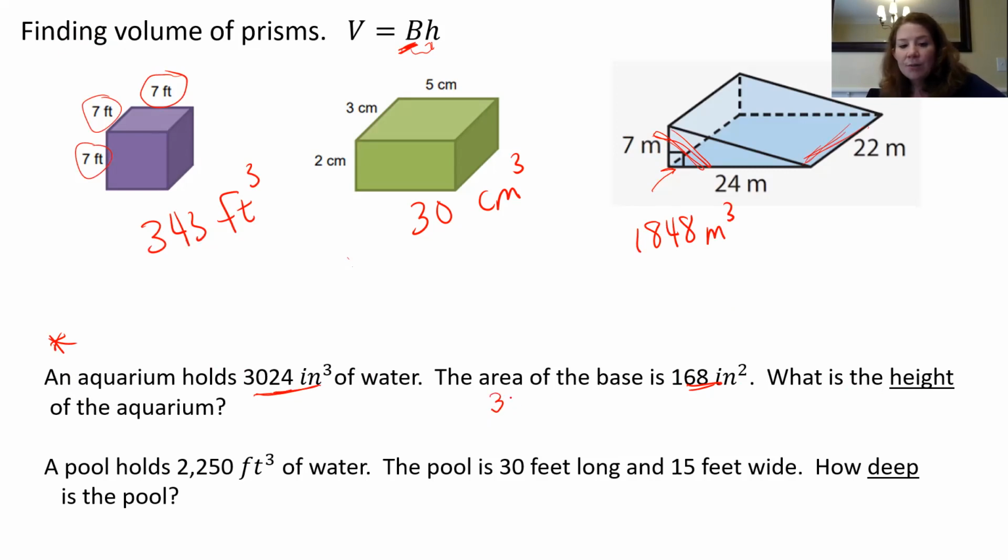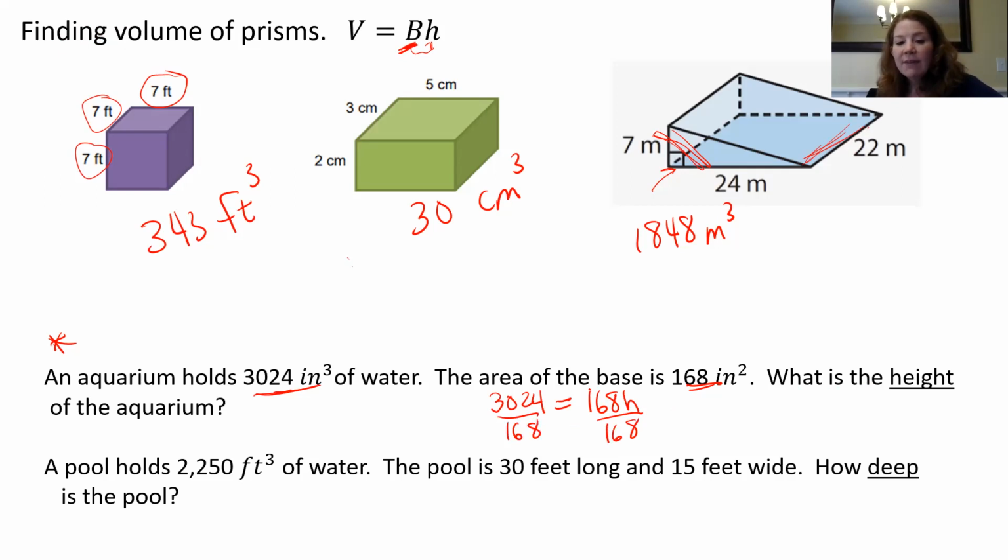So the volume would be 3,024 equals the area of the base, the capital B, which is 168, times the height. To find the height, we want to get H by itself. So right now, H is being multiplied by 168. So we're going to divide both sides of the equal sign by 168.